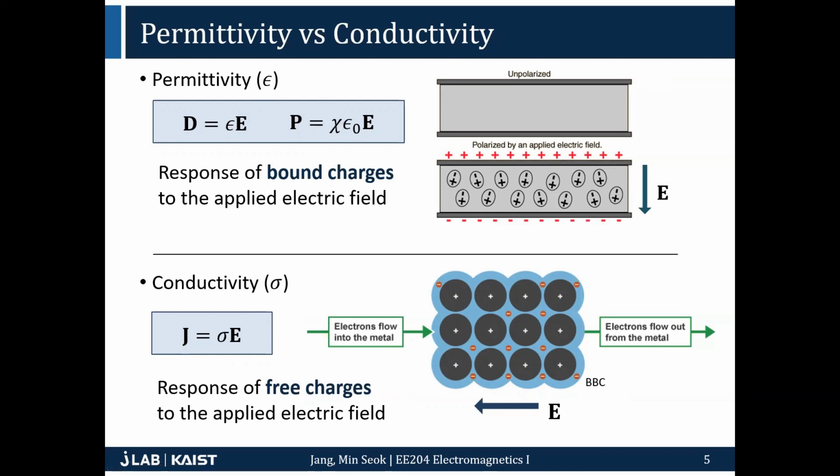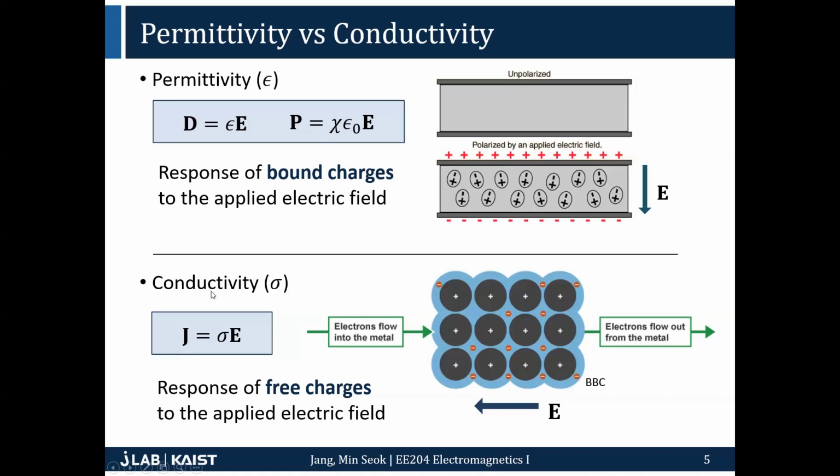So what permittivity tells you is how the bound charges of a material respond to the applied electric field to form a polarization. That's the interpretation of permittivity. So permittivity is typically defined for insulators, which have bound charges.